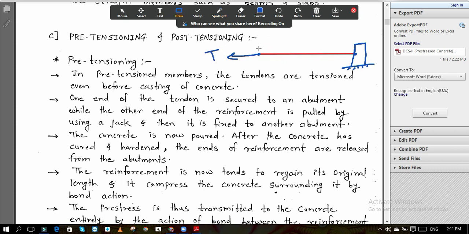And if I draw the beam on the side, the beam will be like this. This is the beam.